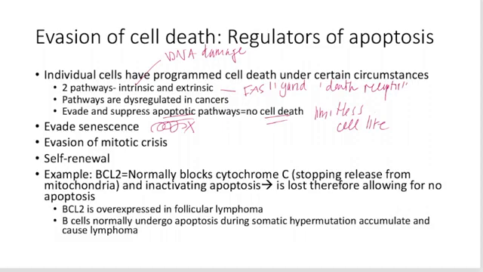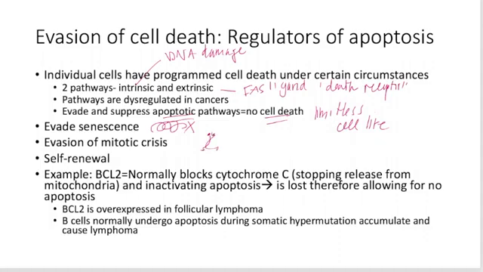Another thing they do is evade mitotic crisis. Cells that are resistant to senescence have increased replicative properties. They are not immortal, but instead they eventually enter a phase referred to as mitotic crisis and die. Mitotic crisis has been ascribed to progressive shortening of the telomeres. Those telomeres are at the ends of the chromosomes, remember?